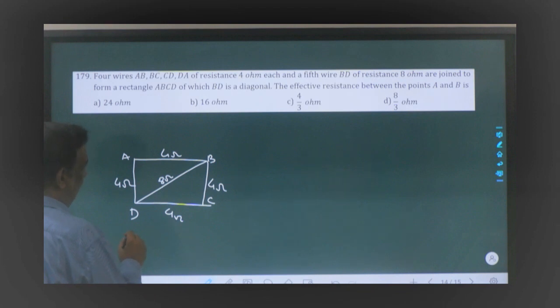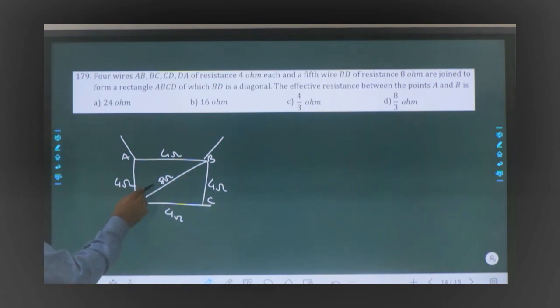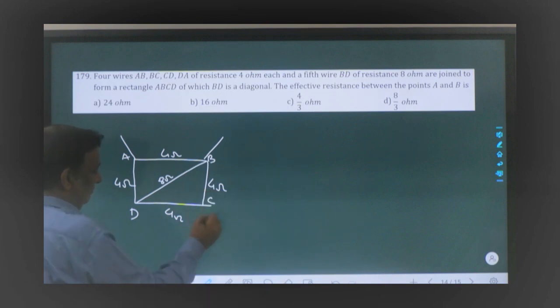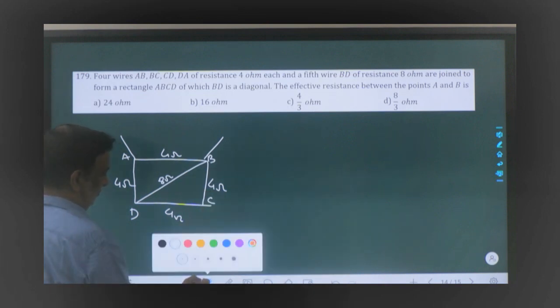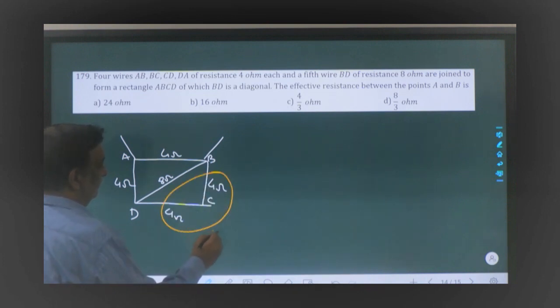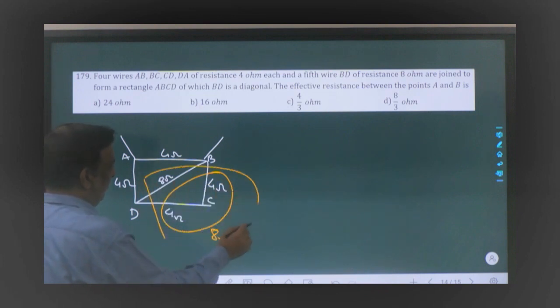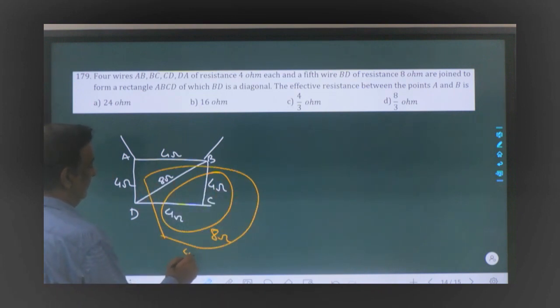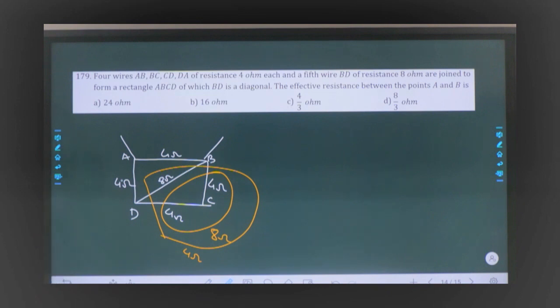Effective resistance between point A and B. So ये दोनों सीरीज में 8, 8 and 8 in parallel, 4 4 4 in series 8. बेसिकली पहले इसको सॉल्व कर दो. 8 ohm. फिर ये सारा कॉम्बिनेशन पैरेलल में, 4 and 4 in series 8, 8 and 4 in parallel.